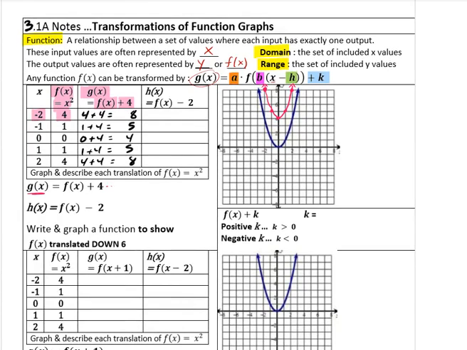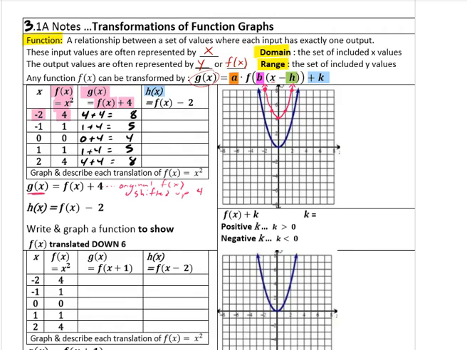It means my original f of x is shifted, and it went up 4. So we're going to have to be able to not only graph and find new points, but also be able to explain in words what occurred. Let's go to the next one.